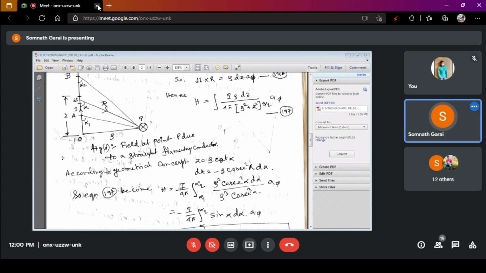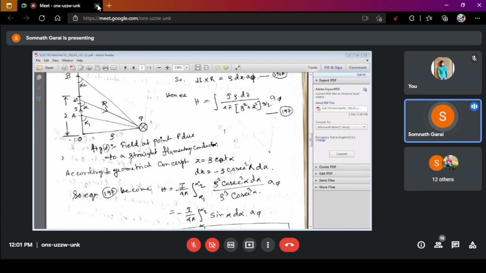Now, according to the geometrical concept, if we take this triangle, dl, O and P, this is the alpha angle, and this is the right angle. So angle dl-O-P is the right angle and angle P-dl-O is the alpha angle.